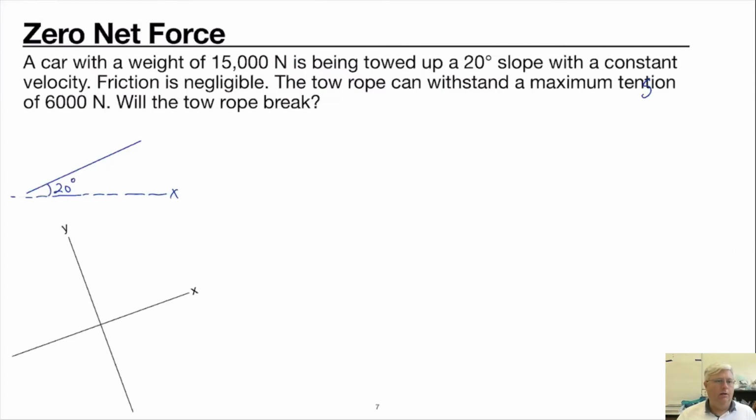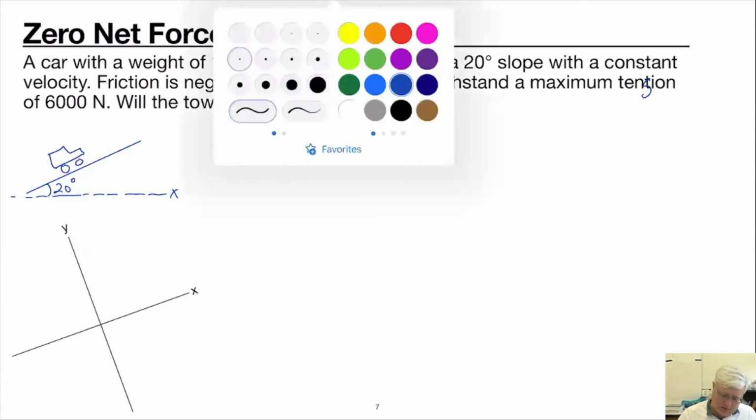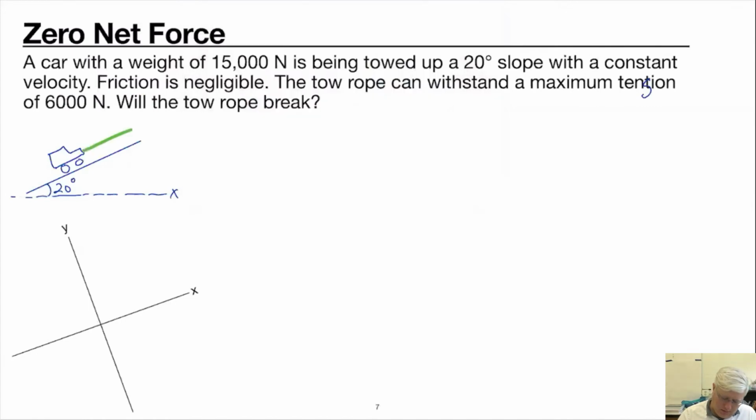And then we have some sort of car being towed up the slope. Maybe this is the tow rope going up the slope. Okay, so we have a little sketch here of what's going on.